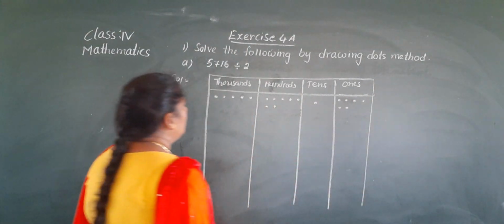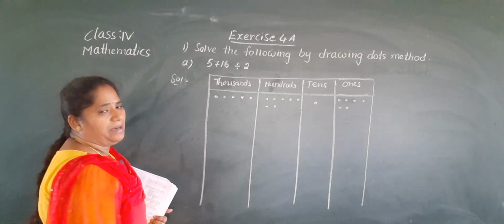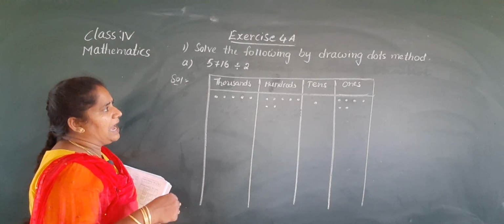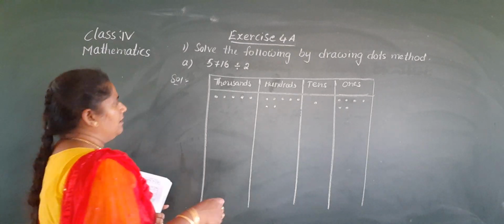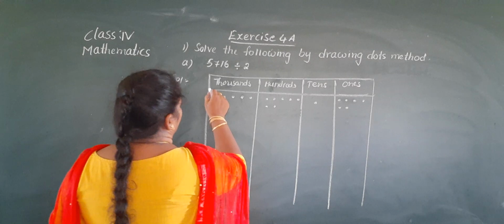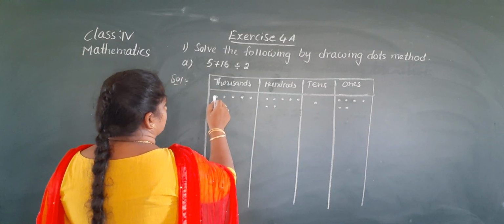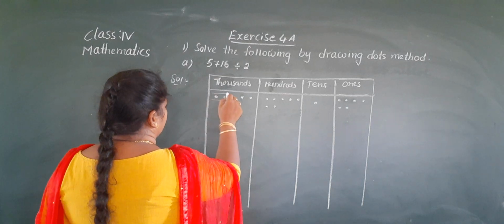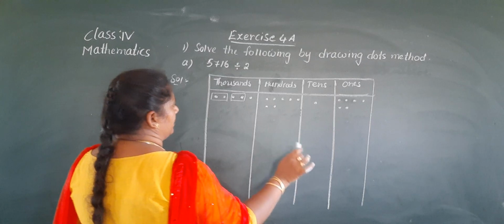Here the divisor is 2, that means we divide the given number by 2, so we have to make groups of 2. Make groups of 2 means one group has 2 dots, like this. Here 1 is left, leave that.